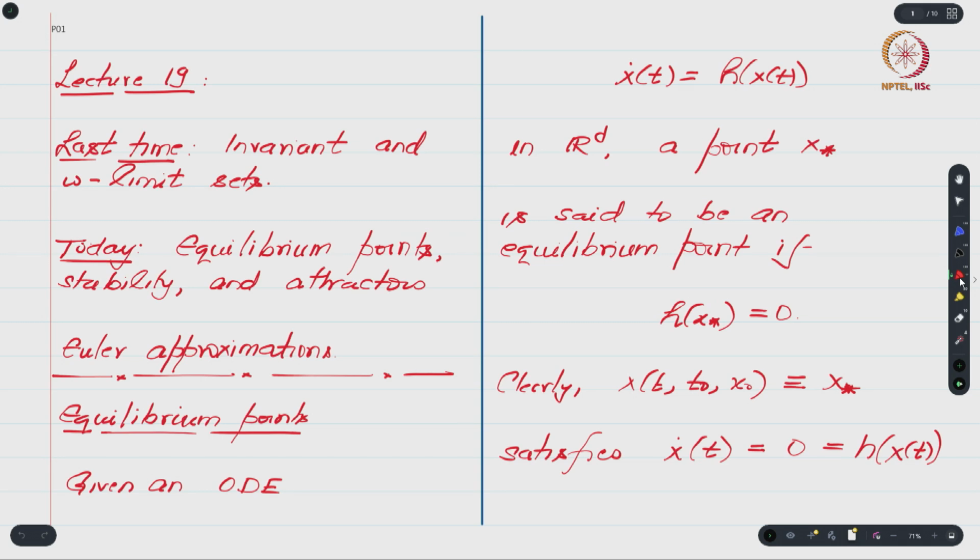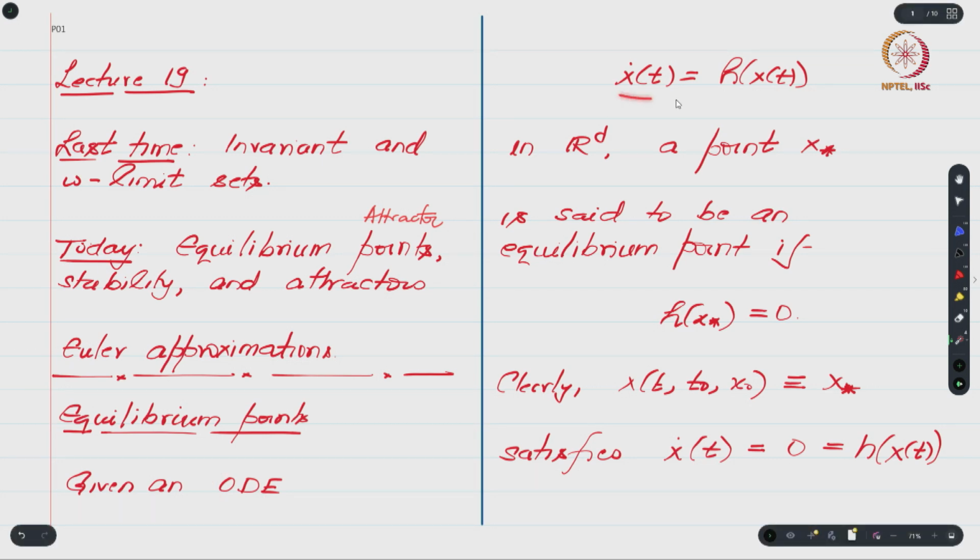We will also look at this concept called an attractor for an ODE, and we will discuss the stability of both equilibrium points and attractors, and finally we will look at a concept called the Euler approximation, which at a very high level provides us with a numerical approximation technique for finding solution trajectories of an ODE. So, let us begin by understanding the definition of an equilibrium point.